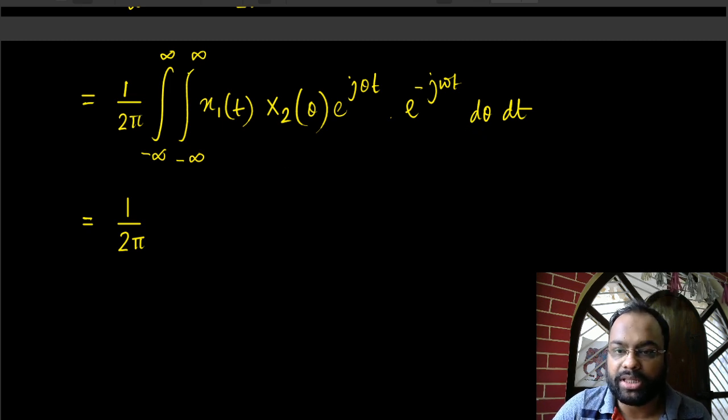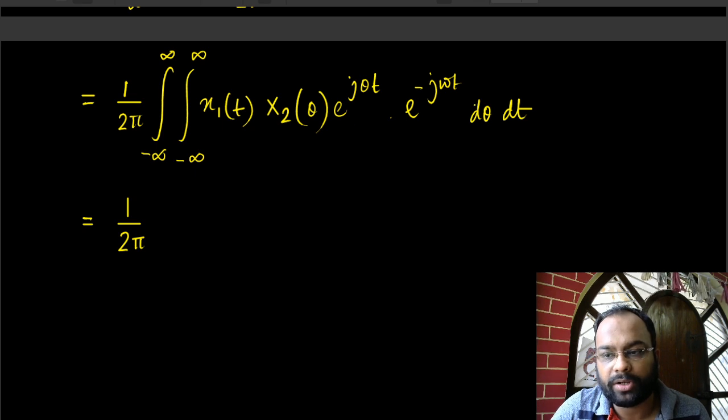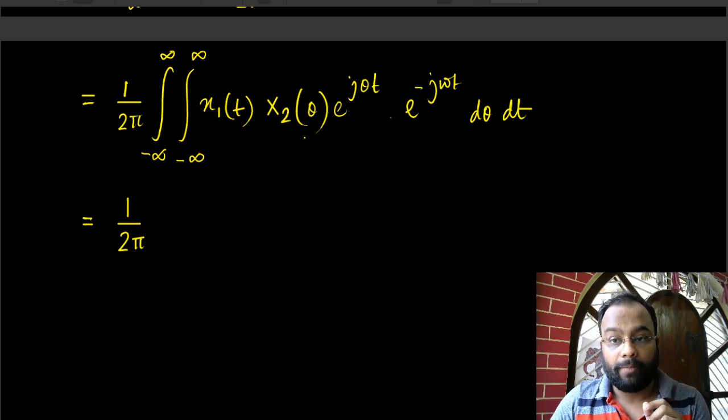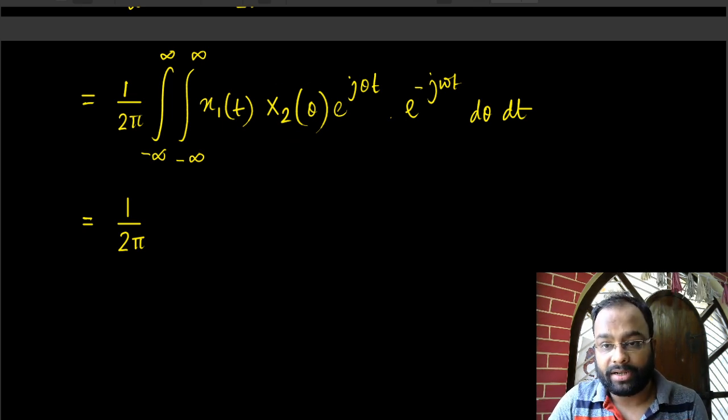This internal integration is associated with theta, and this external integration is associated with t, right? When we carry out the internal integration, we integrate with respect to theta, and when we carry out the external integration, we integrate with respect to t. But look very carefully when we are doing the integration with respect to theta.